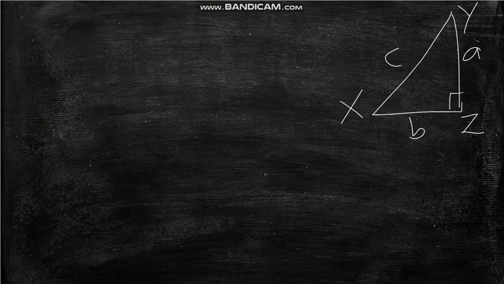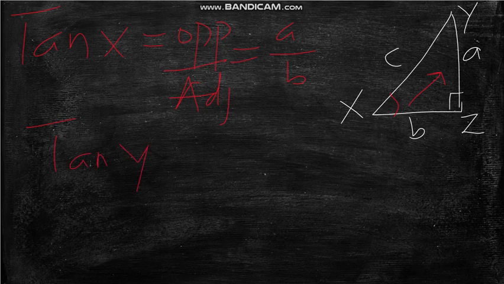Then also, still considering the same triangle, if we look at tan x, remember tan is TOA, opposite over adjacent. So tan x, the opposite is A, the adjacent is B. Then tan y is opposite over adjacent.